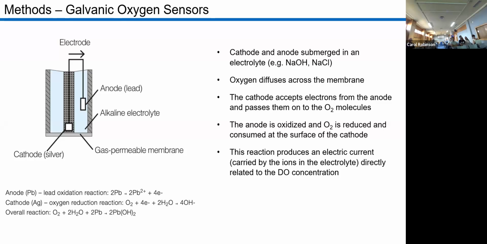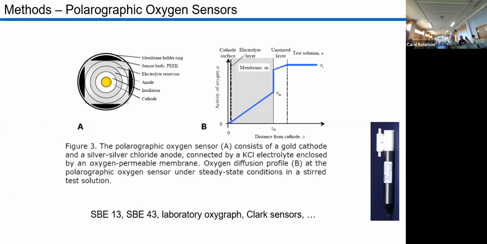One of the characteristics of this galvanic oxygen sensor is that it is self-polarizing due to the material characteristics of the cathode and the anode. And this is one of the main differences with the polarographic oxygen sensor. The principle is the same, except that it is not self-polarizing, and a constant voltage has to be applied between the cathode and the anode for this technique.